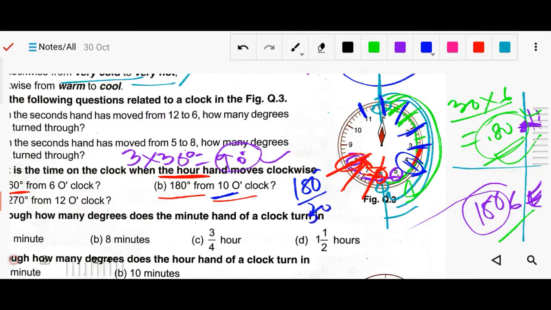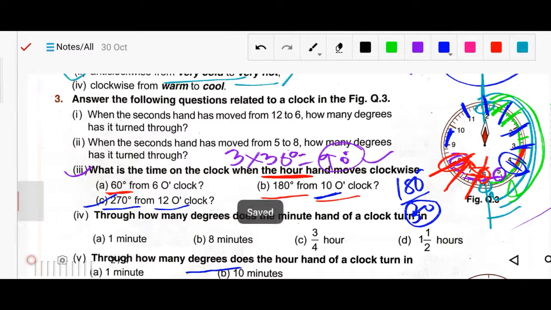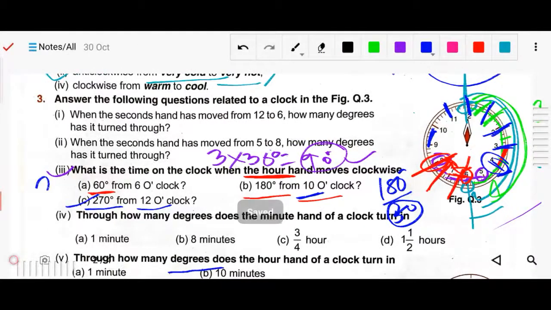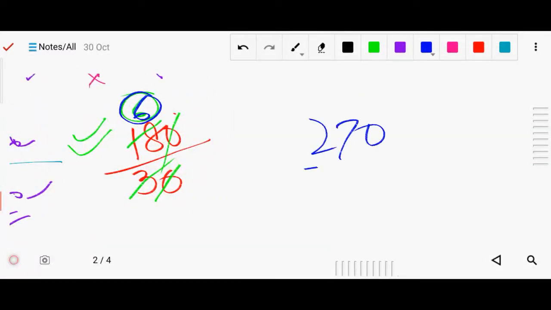Why 30? Because 30 is actually the angle between two adjacent numbers. Similarly you can check question C, 270 from 12 o'clock. First of all you divide 270 by 30 degrees. Here I am writing 270 divided by 30.